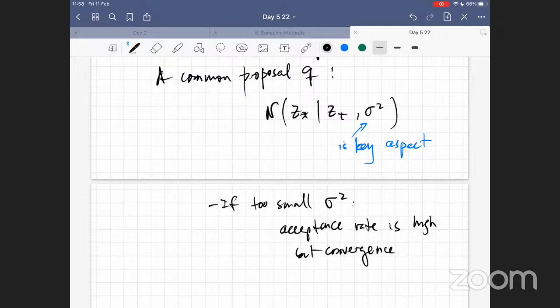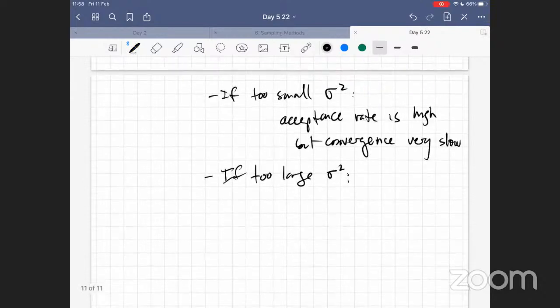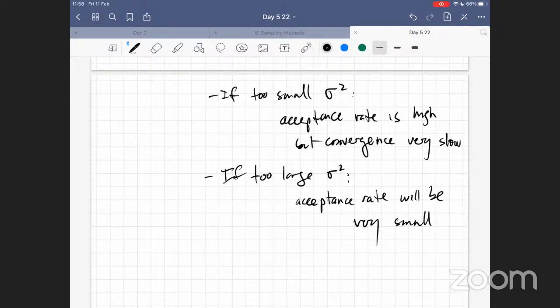Convergence is very slow. If on the contrary it is too large, then the acceptance rate will be very small. And you don't want this either.